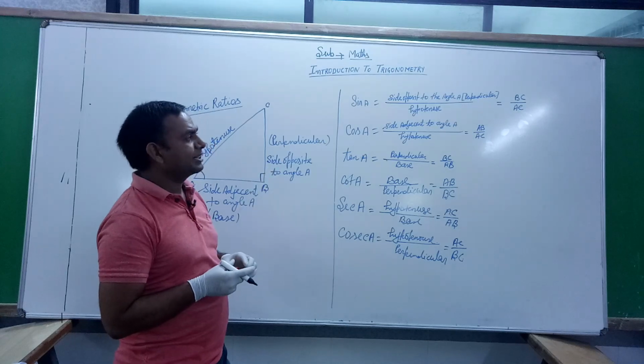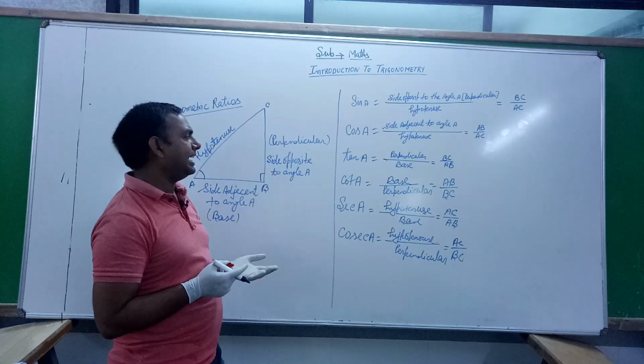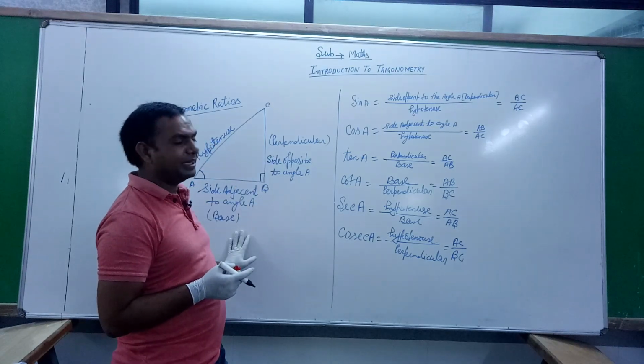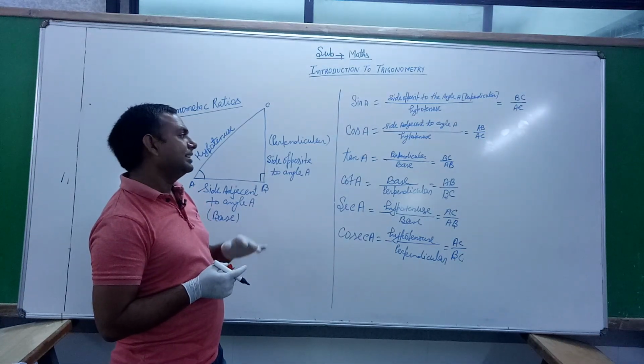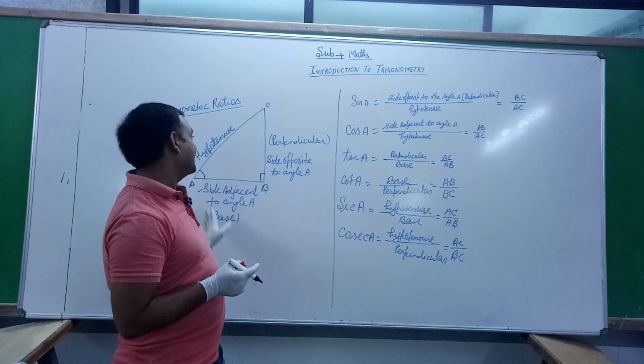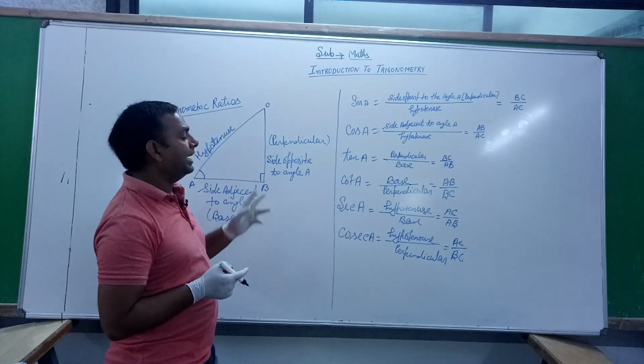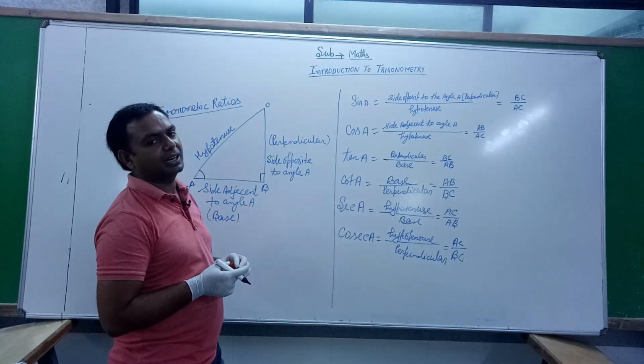So sin A is equal to BC upon AC, that is perpendicular upon hypotenuse. Cos A is equal to AB upon AC, that is base upon hypotenuse, and tan A is equal to perpendicular upon base.